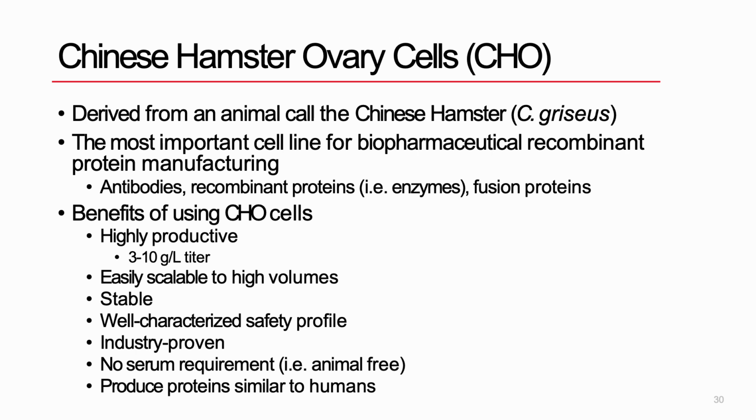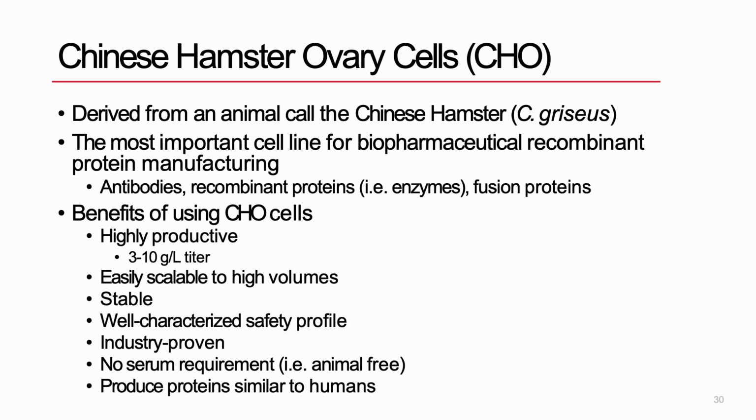Don't forget that when we have an mRNA that is going to produce proteins, this protein needs to go through several modifications, like splicing as well. Chinese hamster ovary cells do have those properties, and that's why they can produce proteins similar to humans.